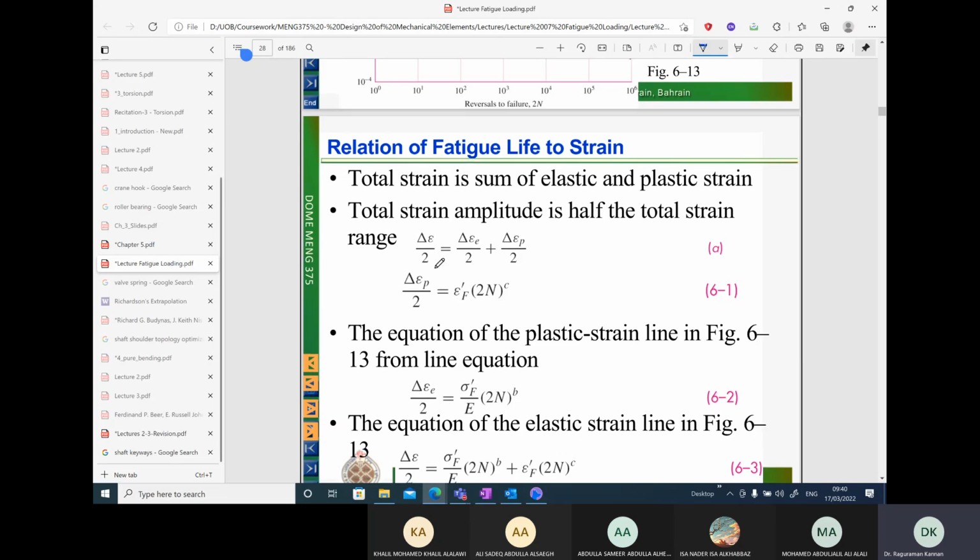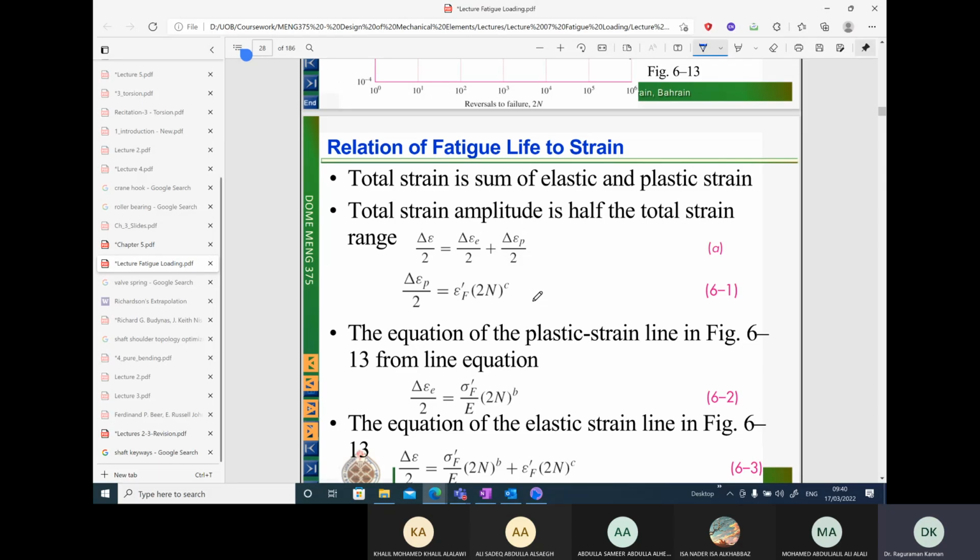So let's write the equation for strain. Total strain is elastic strain plus plastic strain. For the plastic strain curve, an empirical relationship can be obtained through the fatigue ductility coefficient and fatigue ductility exponent c. These two values are usually obtained from the graph here for different materials. N is the number of cycles to failure.